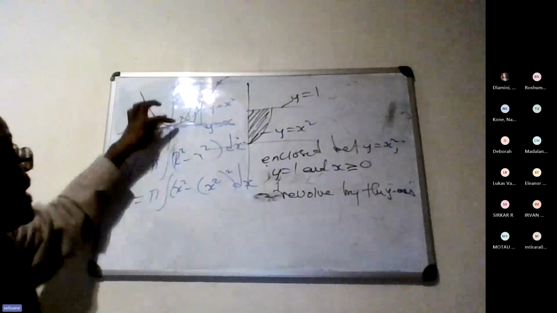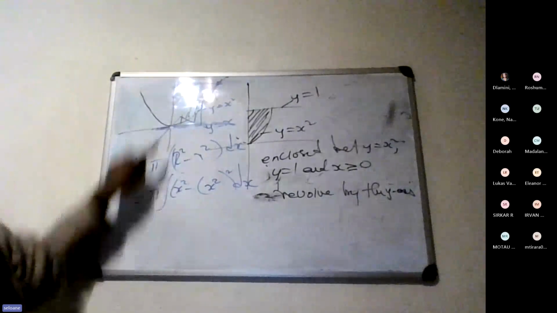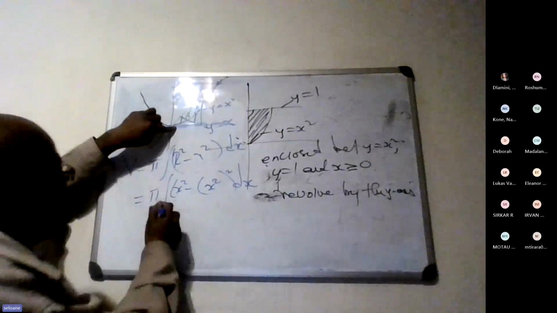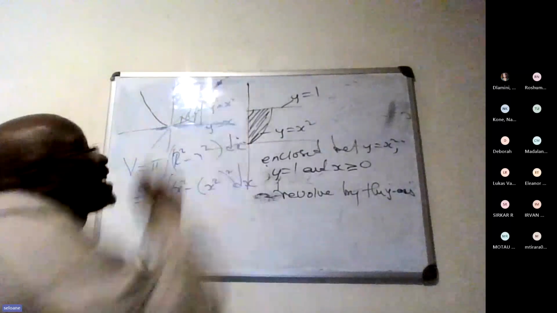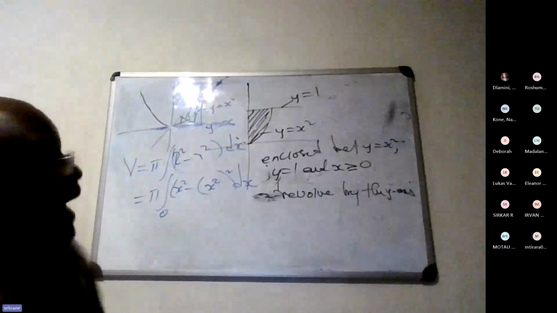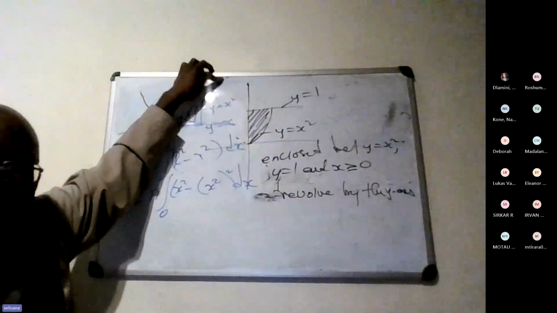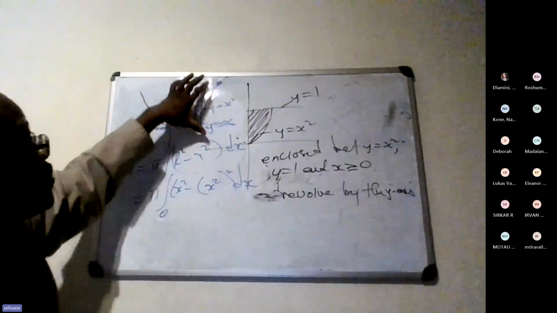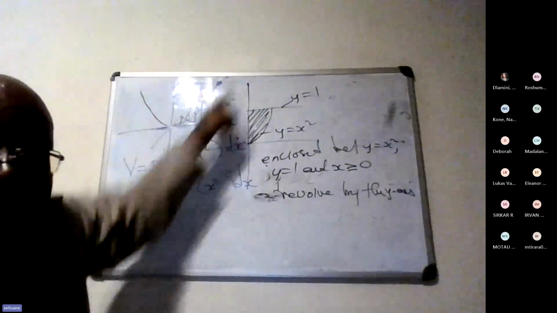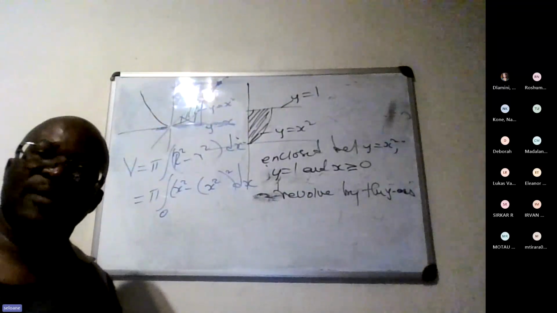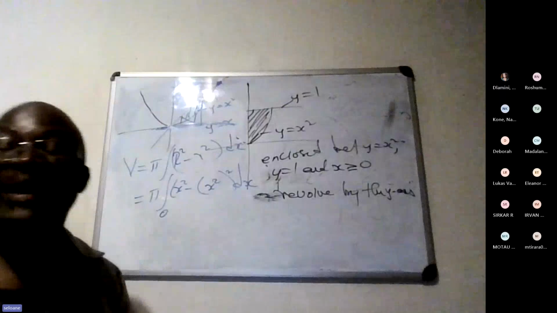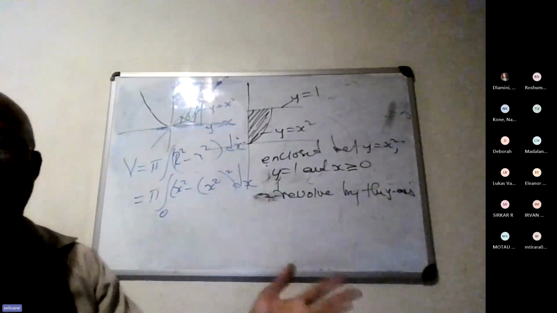Then you must say, where does this region start? X here is 0. It continues until the point of intersection here. And what is x at the point of intersection? You take the two equations, y equal to x and y equal to x squared, and solve simultaneously, looking for only x.